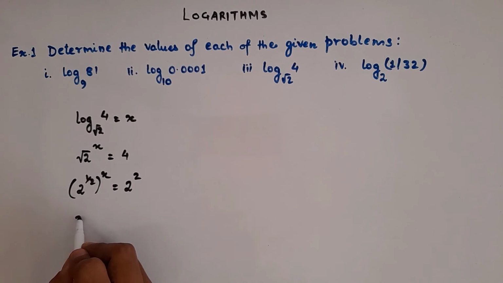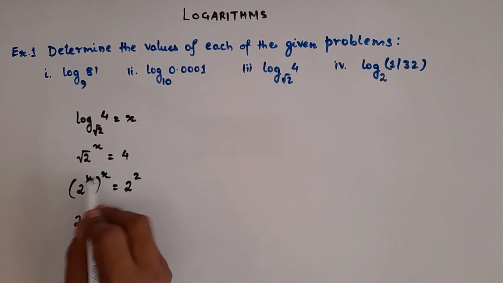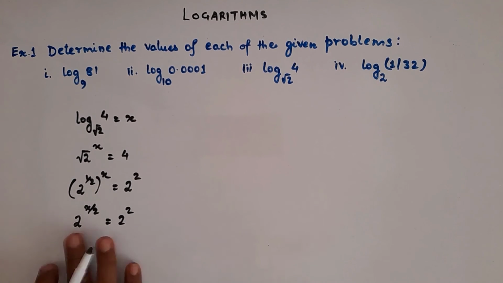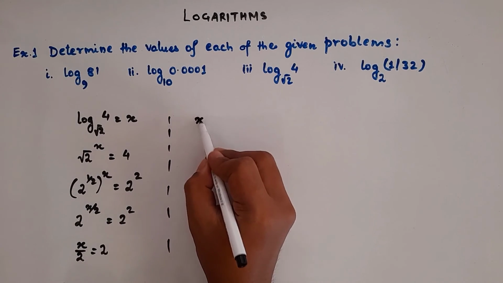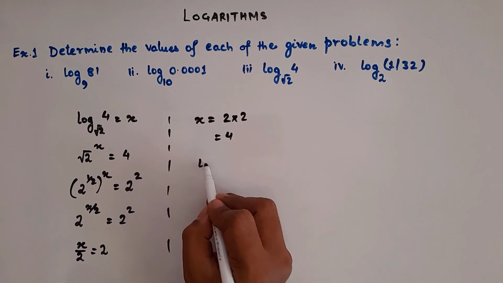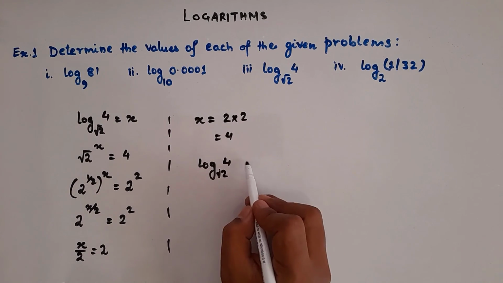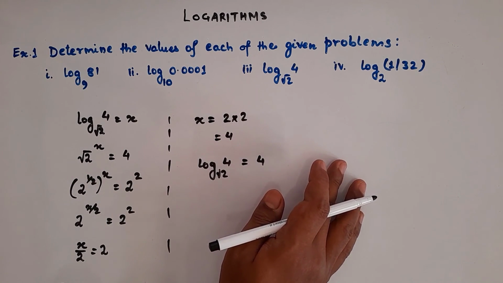So the powers simply get multiplied. So we have 2 raised to the power of x over 2 equals 2 squared. And we're going to equate both sides, so that leaves us with x over 2 equals 2. So we get x equals 2 times 2, so that's 4. So we'll say that the logarithm of 4 with the base of square root of 2 simply gives us 4. So this is the answer. Let's move on to the next problem.